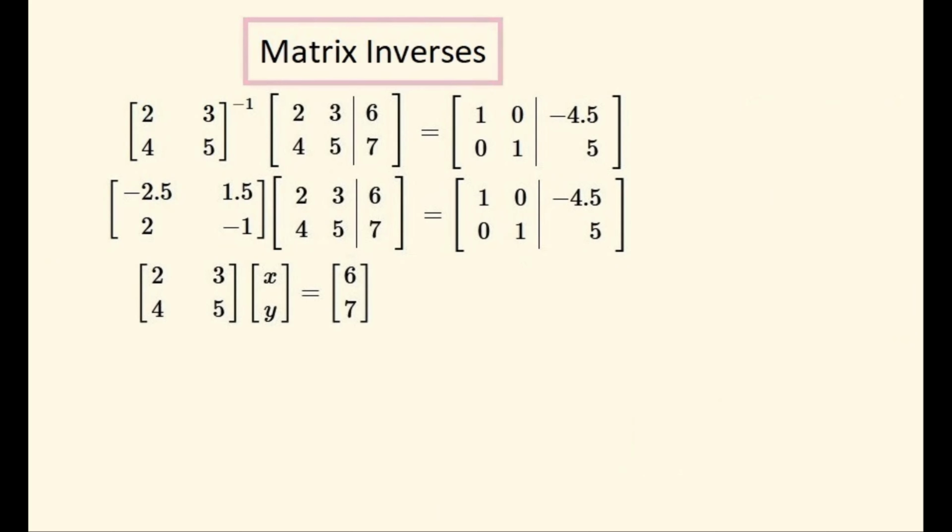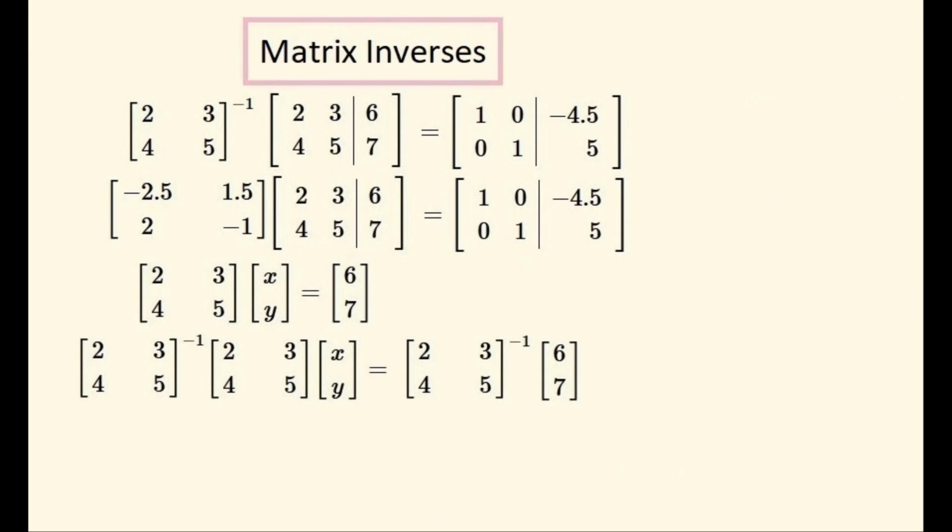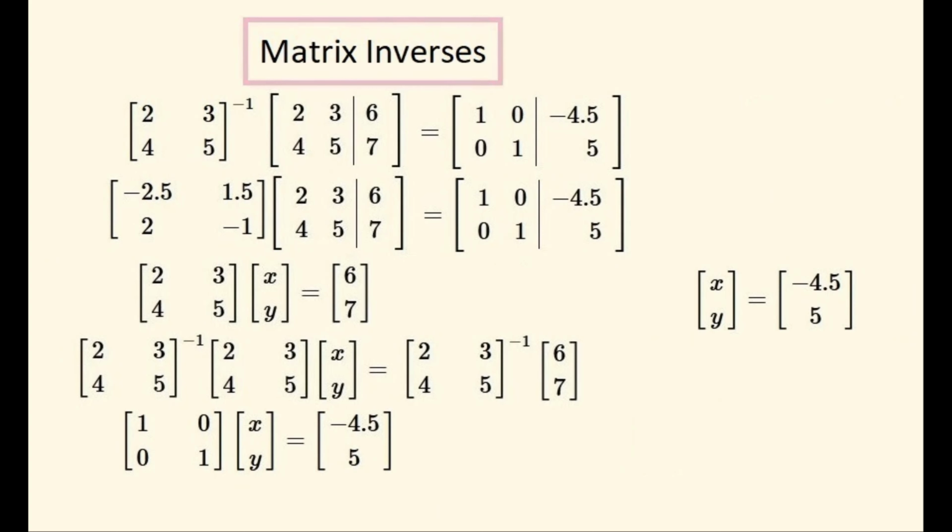And this is the matrix equation that this augmented matrix represents. When we're multiplying the augmented matrix by this inverse matrix, then this is what we're actually doing. We're multiplying both sides of this equation by the matrix inverse. And after multiplication by this inverse, we get this matrix equation.